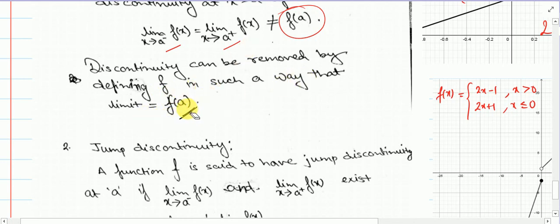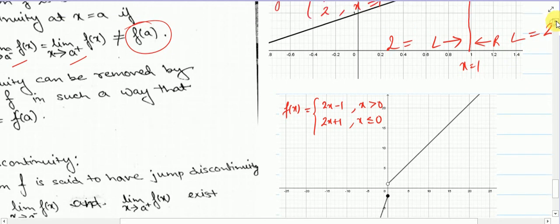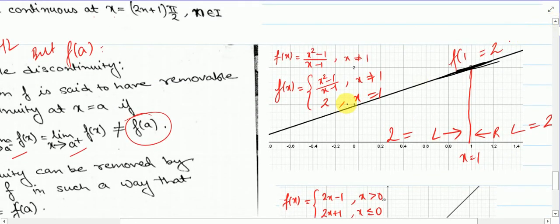Like here in this example, in this graph, how did we remove the discontinuity? By defining f of 1 as limit x tends to 1 f of x. Yes, by defining that we have removed the discontinuity. So this is done.